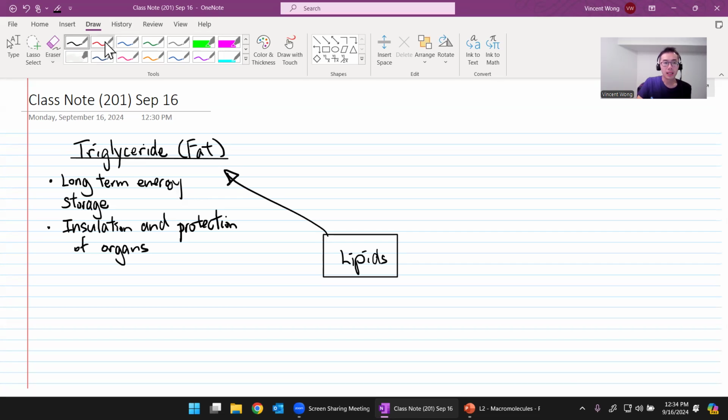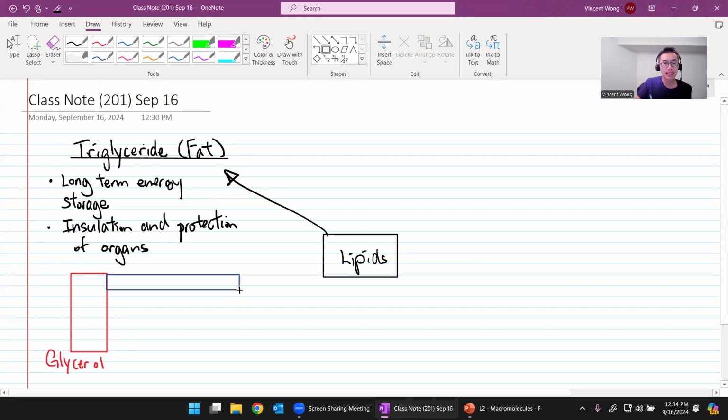Now, how do you make a fat molecule? Well, fat needs 2 components. We have this thing called glycerol, and the glycerol is connected to 3 fatty acids. I'll tell you what fatty acids are later, but you need 3 of them.